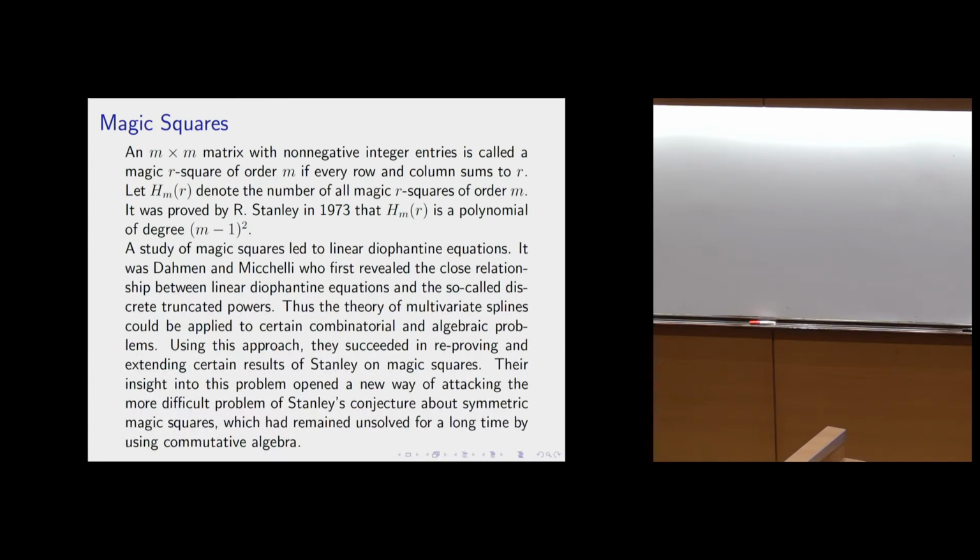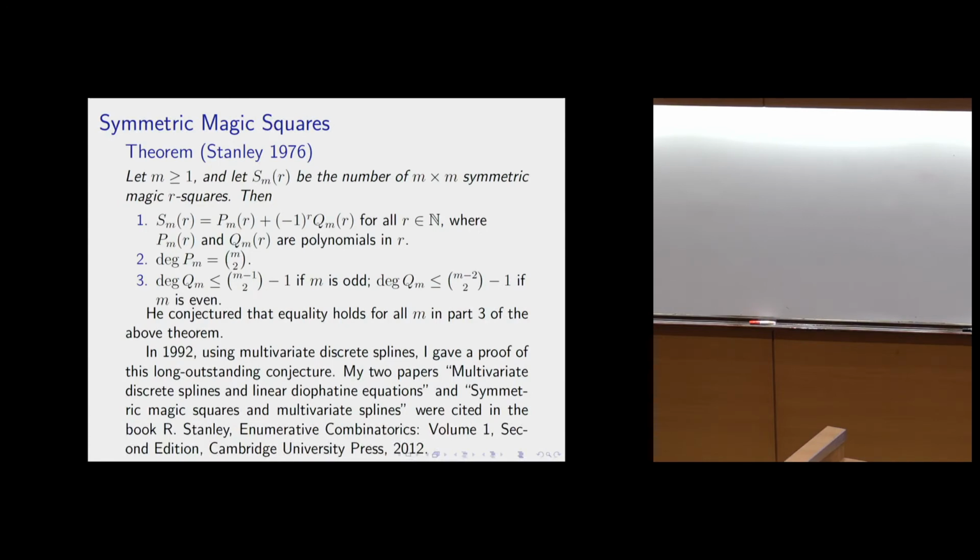Using this approach, they succeeded in reproving and extending certain results of Stanley on magic squares. Then, in 1992, I solved Stanley's conjecture on symmetric magic squares, using multivariate discrete splines.